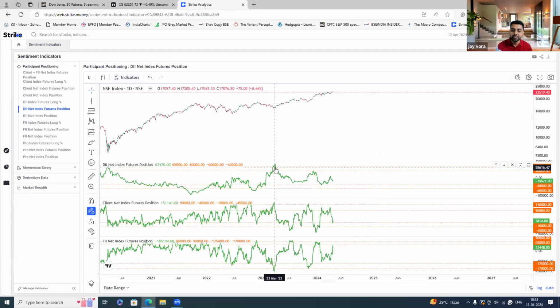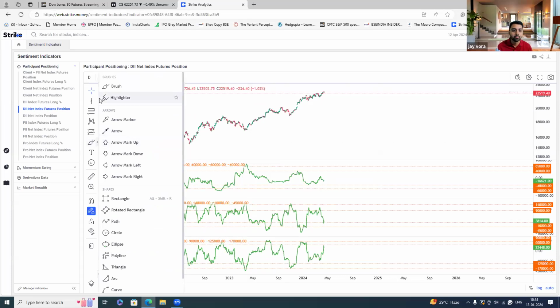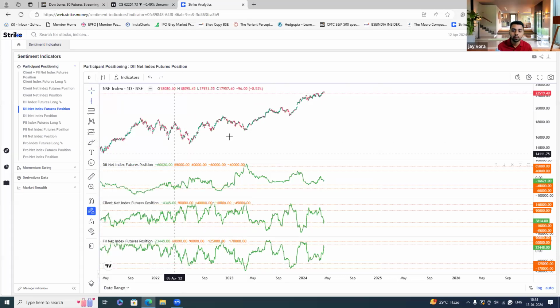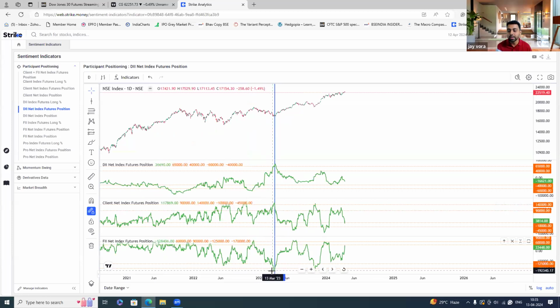And you can see at this bottom, which was over here, the DIIs' positioning was maximum long, clients were maximum long, and the FIIs were maximum short. All the three things falling in place together, you don't get those signals quite often. But whenever it happens, these are very significant signals which one should not miss out, right?